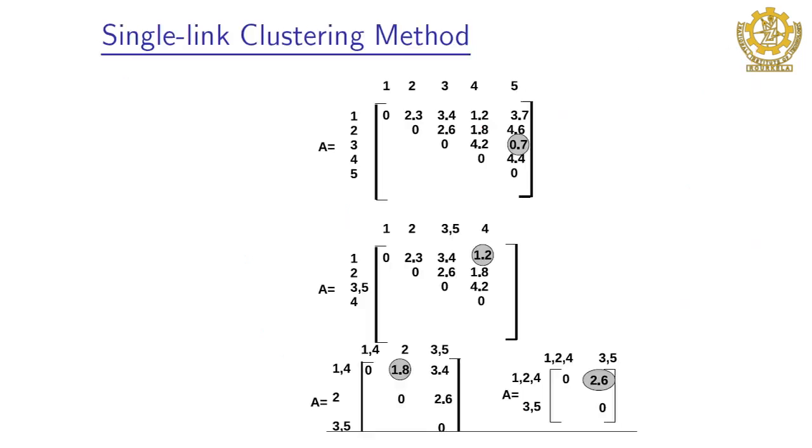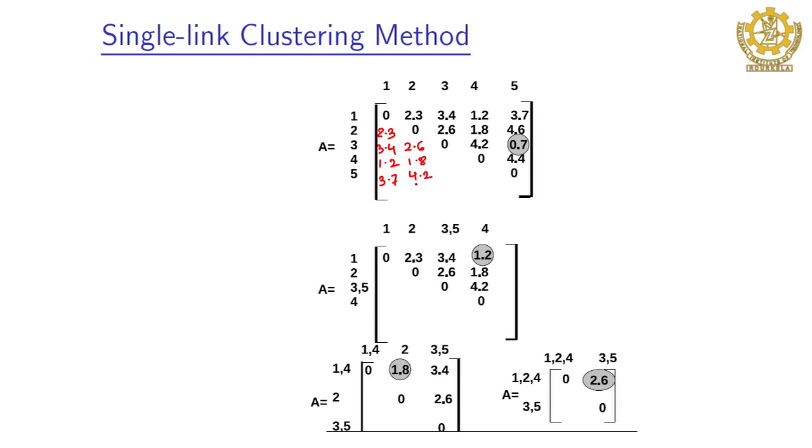With one example here, the distance matrix has already been computed between 5 points. Okay, so here we work it out. As we know, Euclidean distance is symmetric. So this point will be 2.3 and this point will be 3.4, this point will be 1.2, this point will be 3.7 and this will be 2.6, this will be 1.8, this will be 4.2.